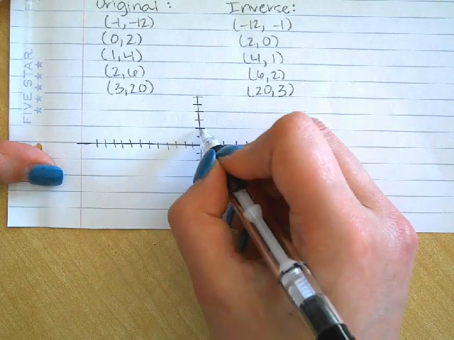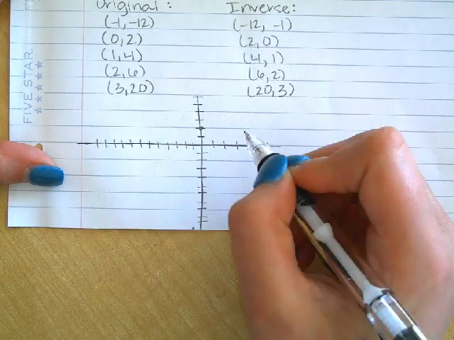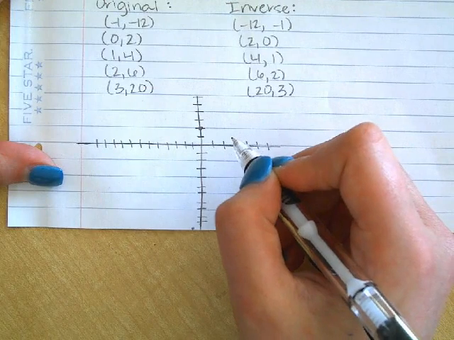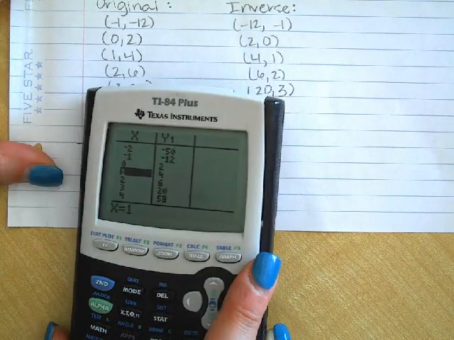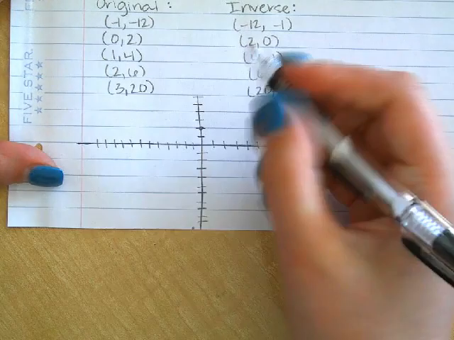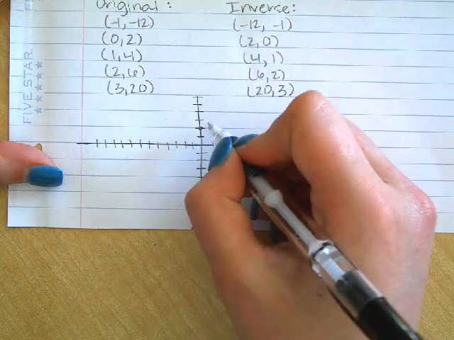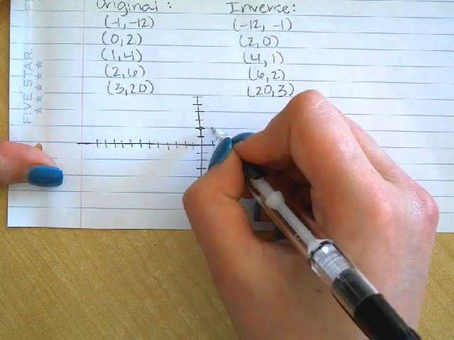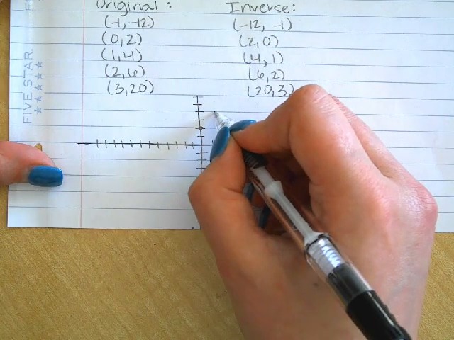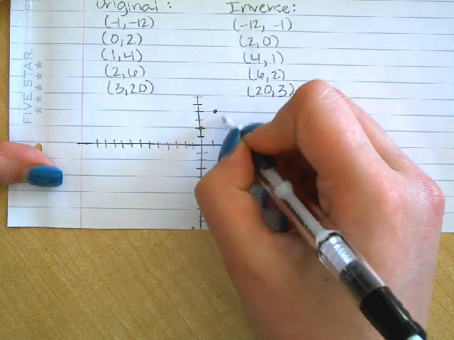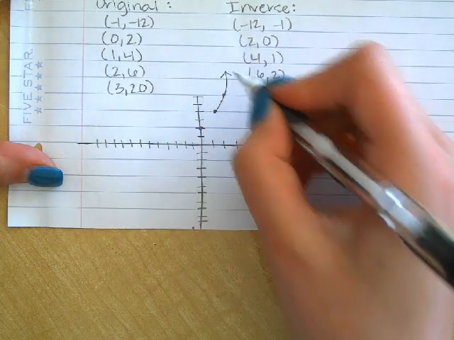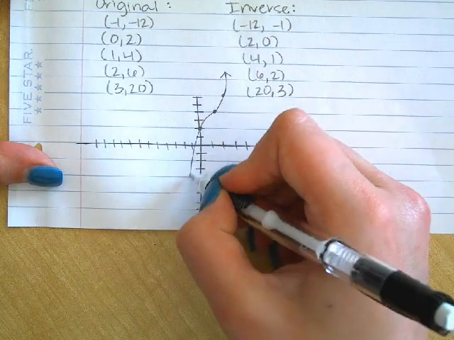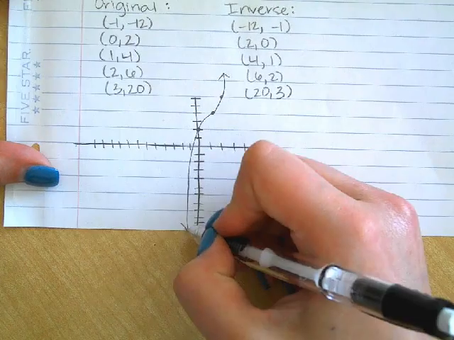Then (0, 2), (1, 4), and (2, 6). I know this is one of those cubic graphs, so it looks something like that.